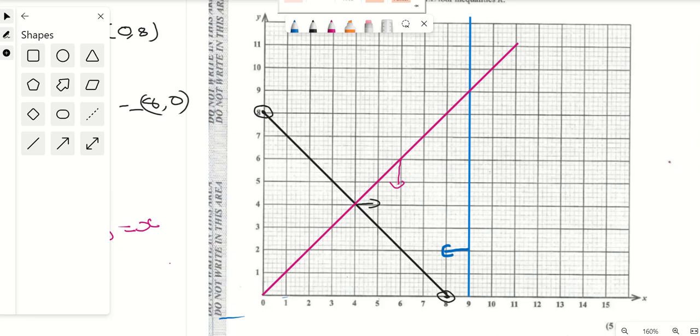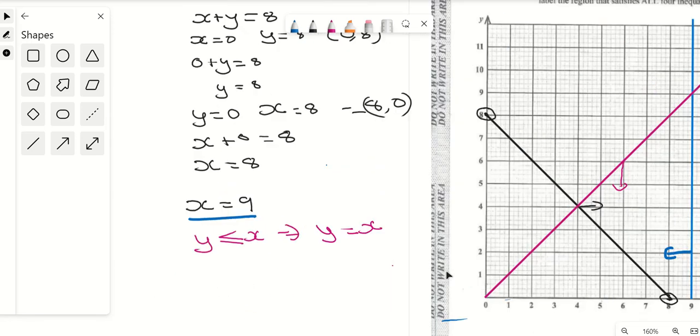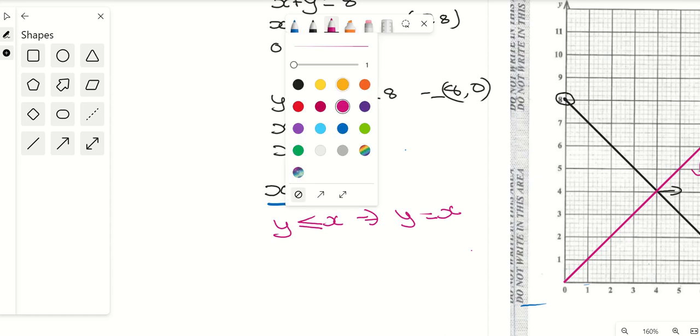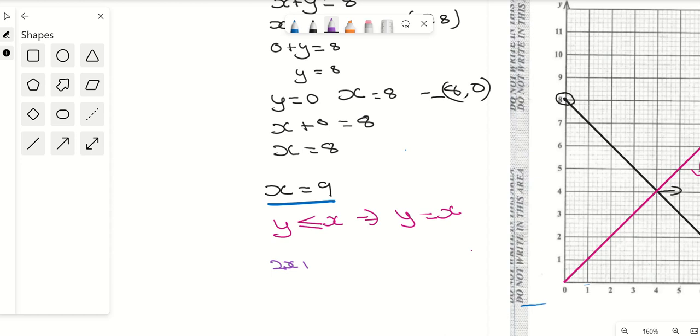Then the next inequality, because they said the four inequalities. The last one, let's put this in purple, was 2x plus 3y is equal to 30. So remember, the first thing I do when I have my x and y separately like this, I'm going to say let x be equal to 0.